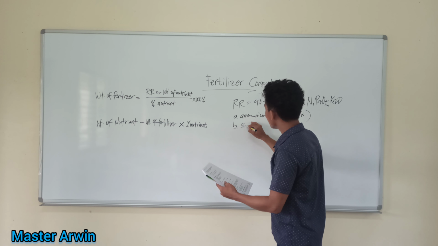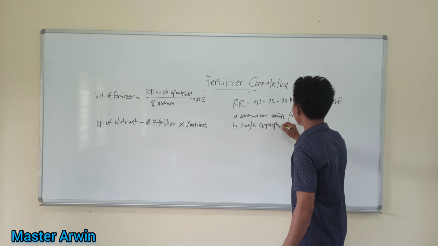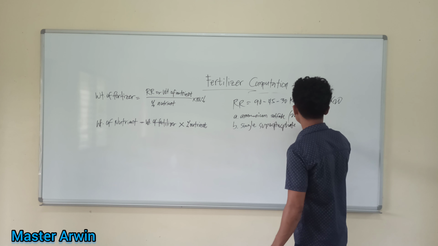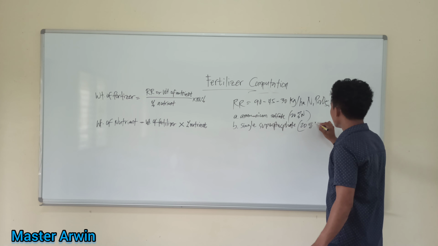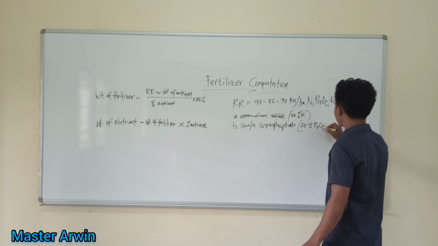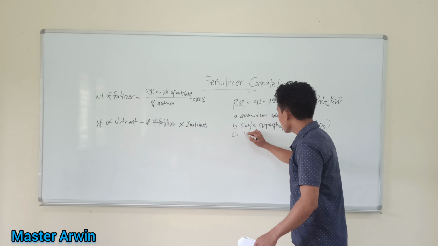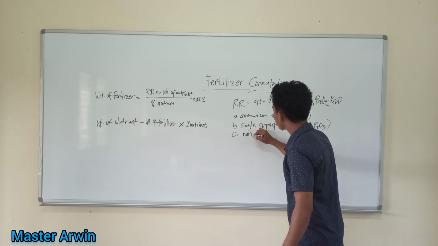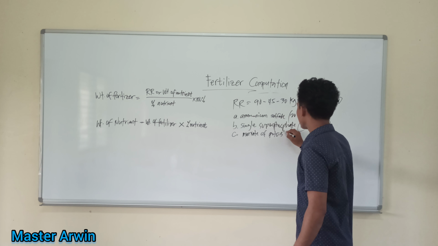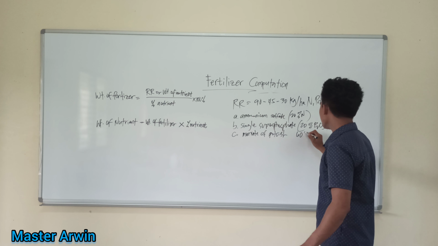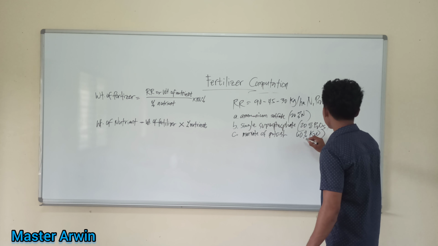Another, we have single superphosphate, which has 20% phosphorus. And then the third one, we have this muriate of potash, which has 60% potassium.